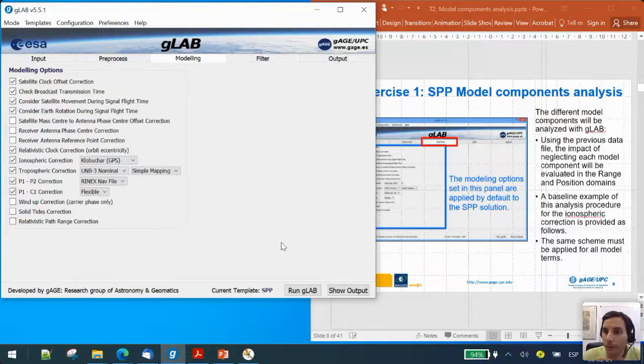What is going on? What happens if we enable this modeling term? Will we get a better error? So the errors that we have seen before will be smaller, or not, or maybe they become larger.